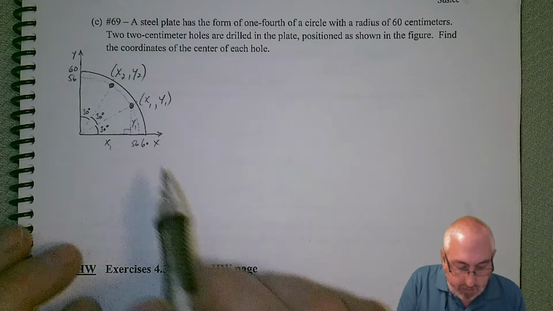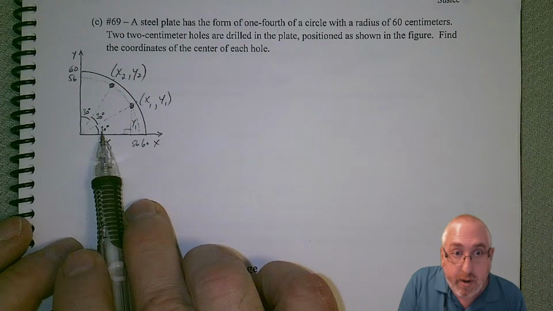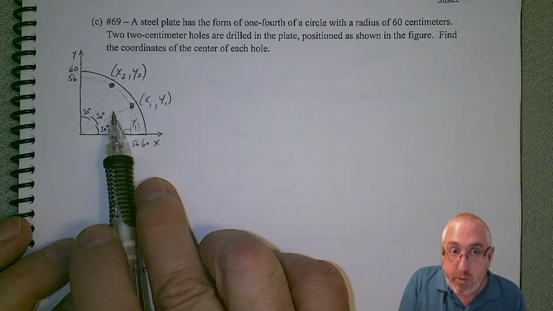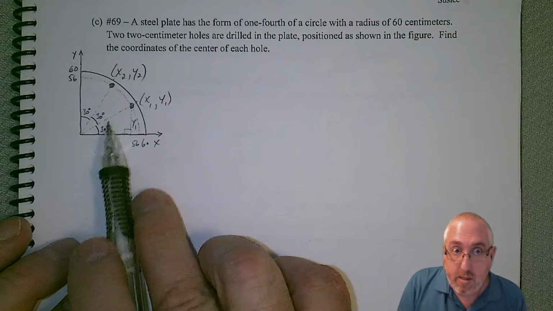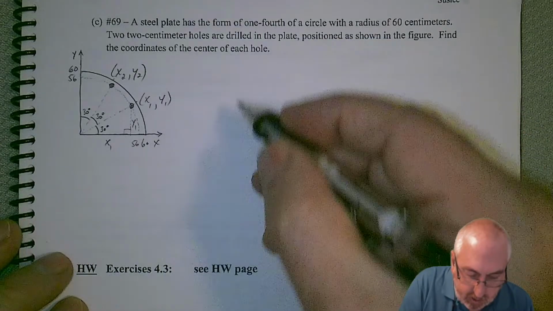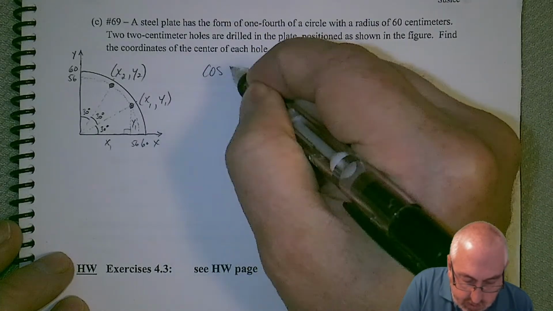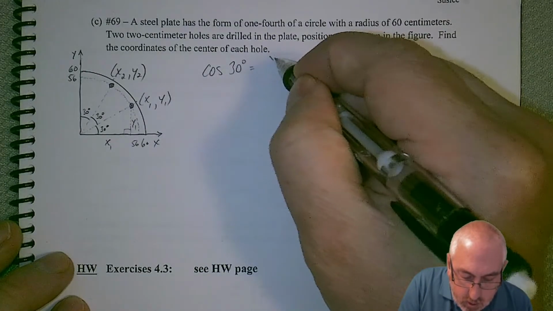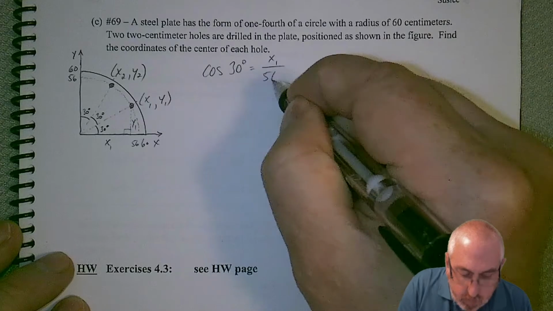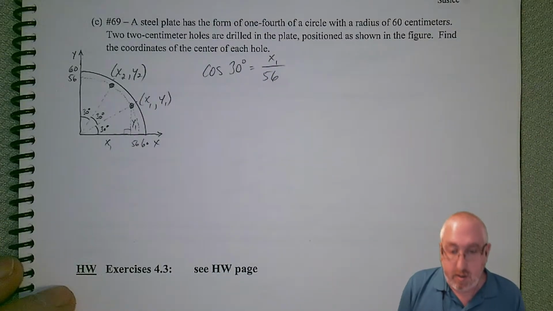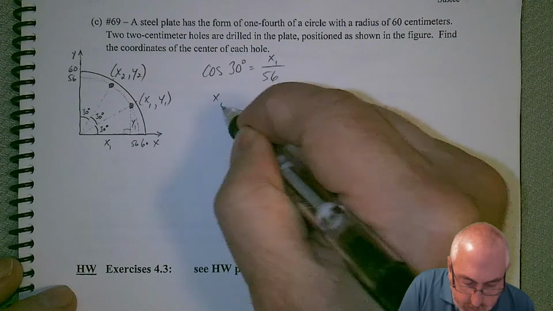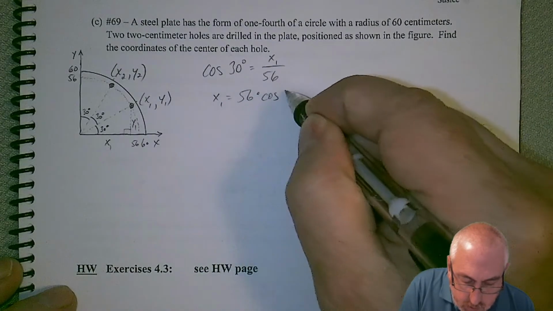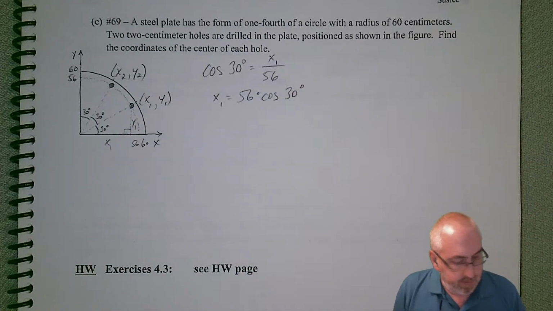All right, so let's start with x1. So we have our angle of 30 degrees. x1 would be the adjacent, and we said we do know the hypotenuse, which is 56. So that must mean cosine. So cosine of 30 degrees should be our x1 over 56. So x1 should be 56 times the cosine of 30 degrees.